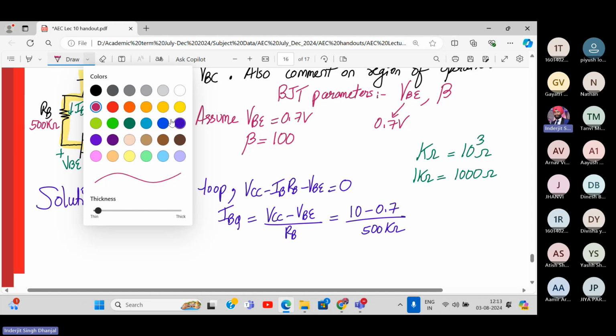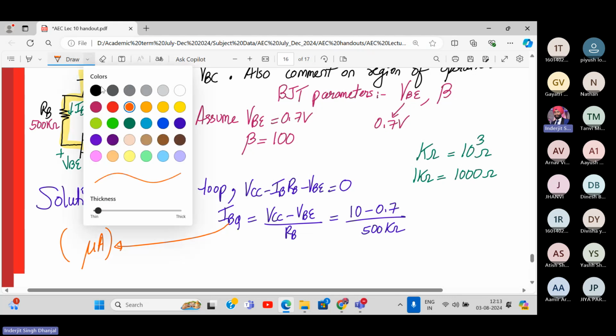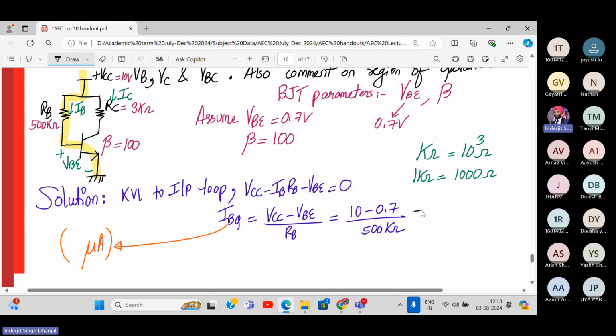I'll give you one hint today, a very crucial thing. The value of IB will always come in microamperes. Always remember, if you're getting other than that, that means you're doing something wrong. So please tell me the value of IBQ. It will be 9.3 upon 500 kilo ohms. 500 kilo ohms means 500 into 10 raised to 3.